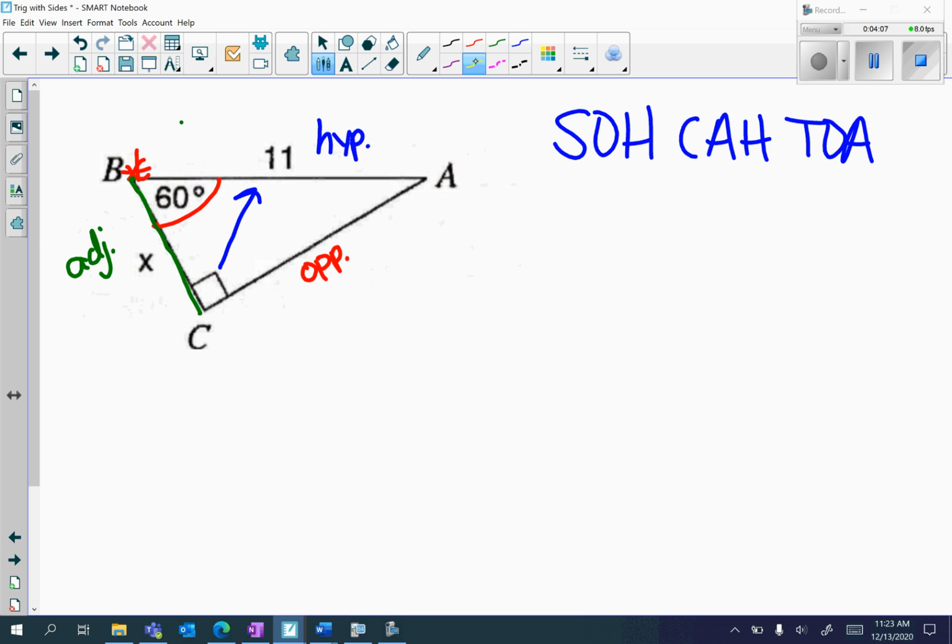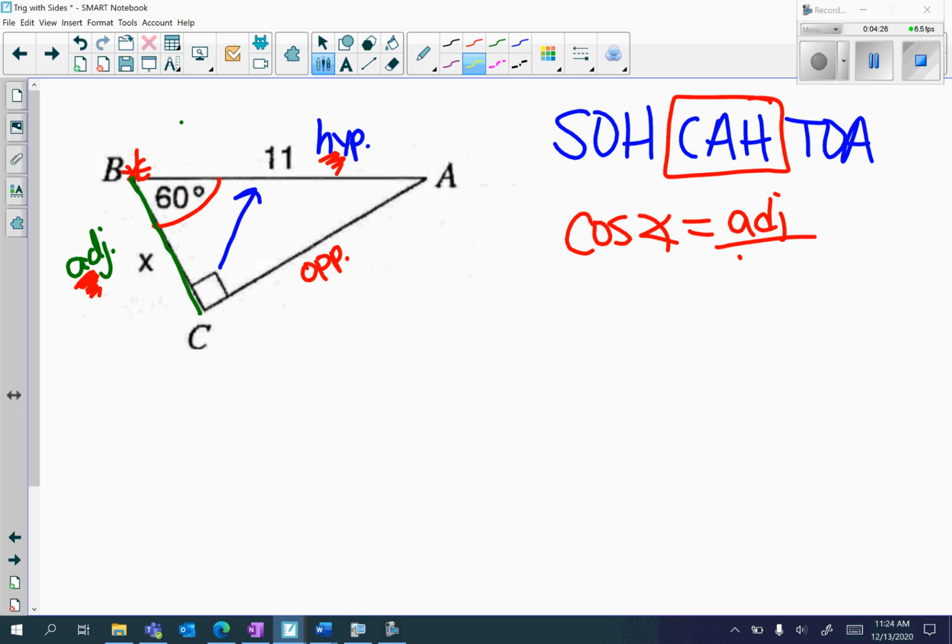So let's determine which trig function we're going to use. I have an A and I have an H. Out of SOHCAHTOA, which has an A and an H? That would be cosine. So remember, cosine of whatever angle is equal to adjacent over hypotenuse.